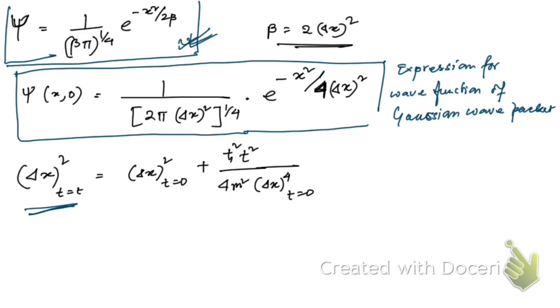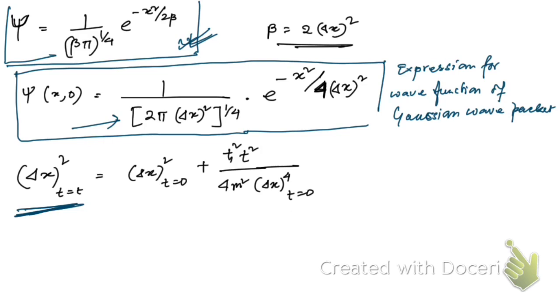In order to understand the spread of the Gaussian wave packet, we express the function in this form. Here the width of this wave function is given by this expression. How we have got this expression, we're going to discuss in the next video. For the time being, just remember this result.